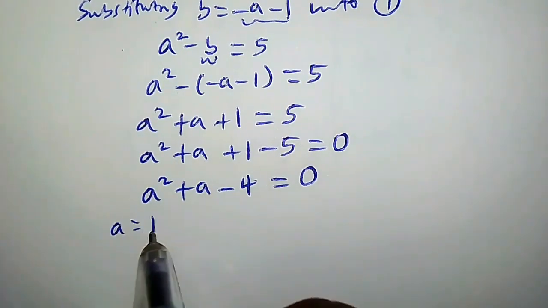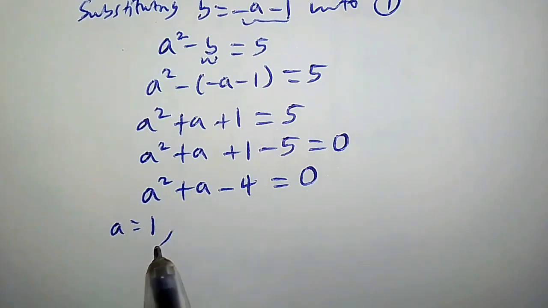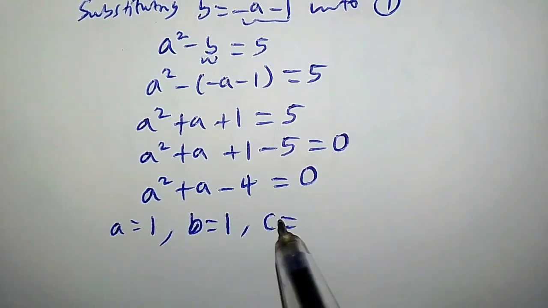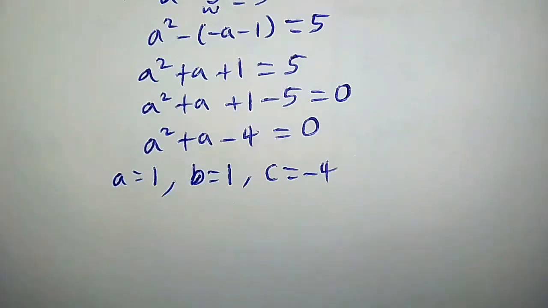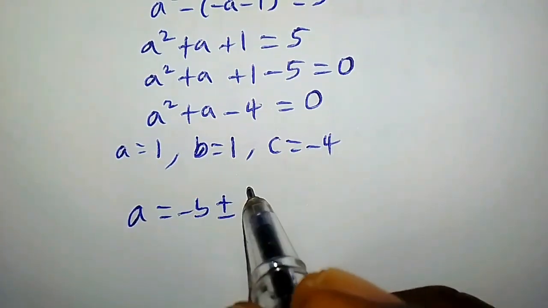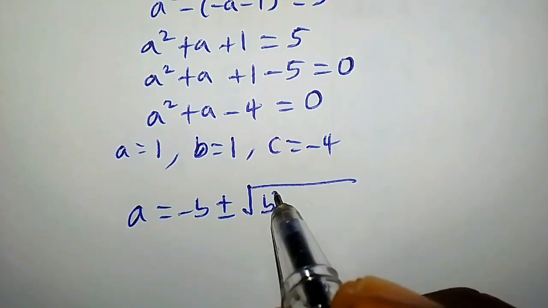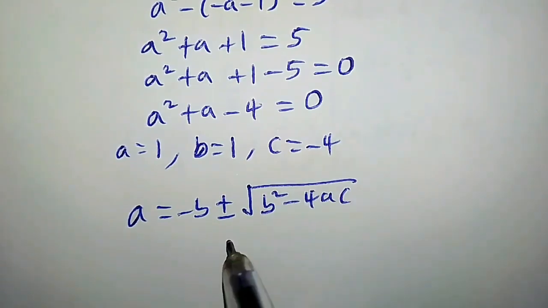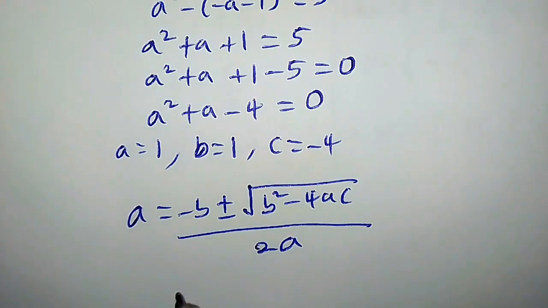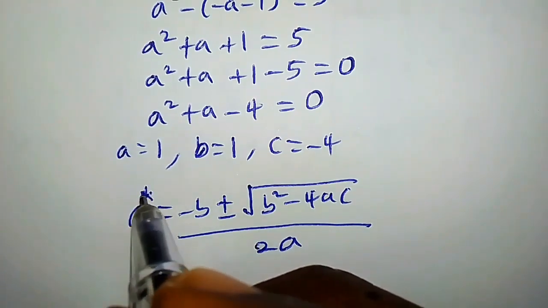A is equal to 1, the coefficient of A square. B is equal to 1, the coefficient of A, and C is equal to minus 4. The quadratic formula says A equal to minus B plus or minus square root of B square minus 4AC over 2A. Just to avoid confusion, let us call this A star.